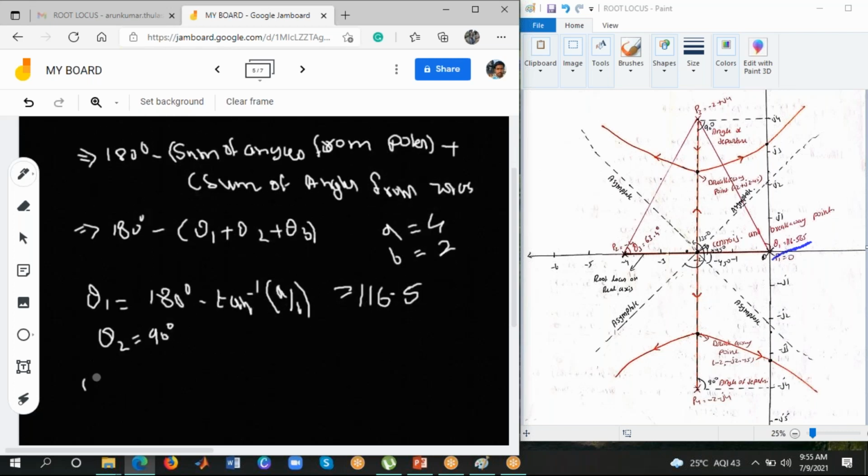Next θ3 ఏమొస్తుంది, θ3 is tan inverse of A by C. నైన్టీ డిగ్రీస్ ముందు ఉండేవన్నీ 180 మైనస్ వస్తుంది, తర్వాత ఉండేటి tan ఇన్వర్స్ మాత్రం వస్తుంది. A tan inverse of A ఎంత, 4 divided by 4.